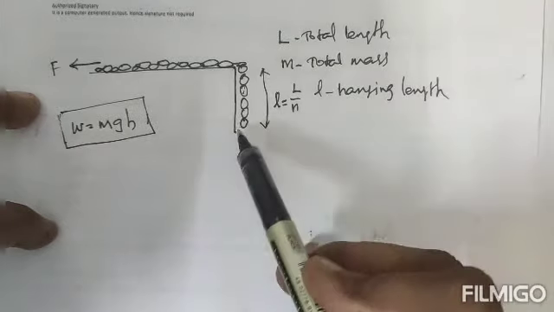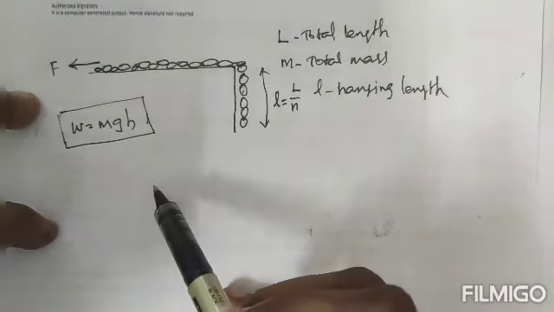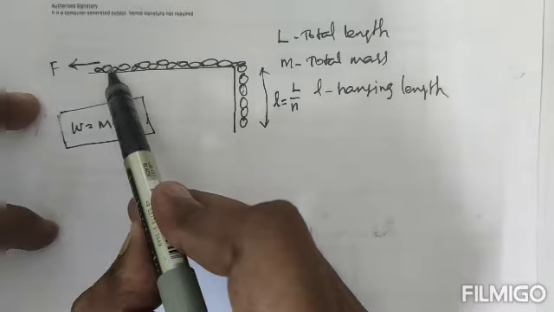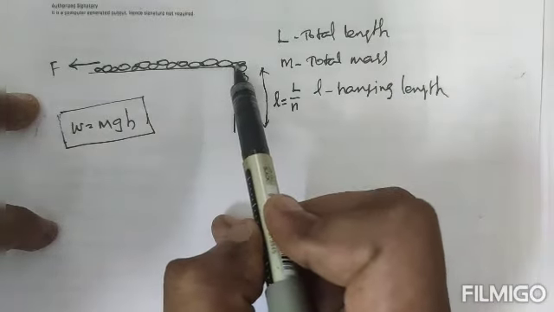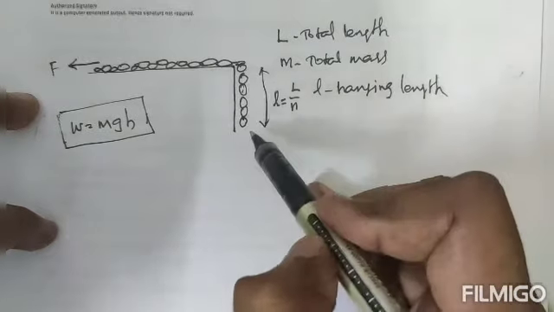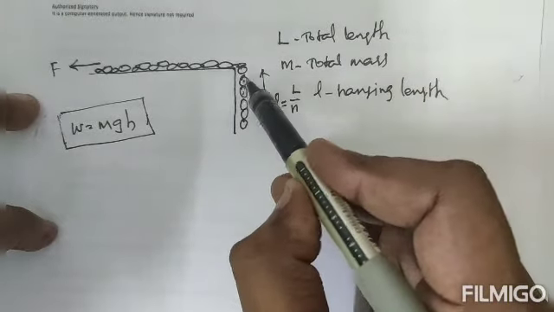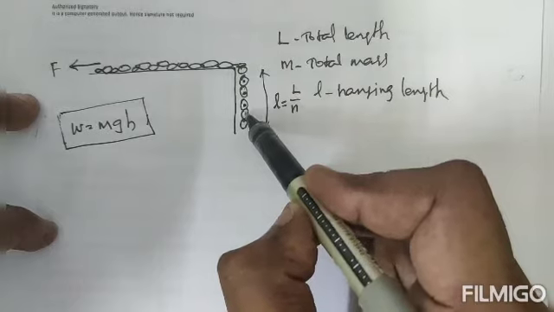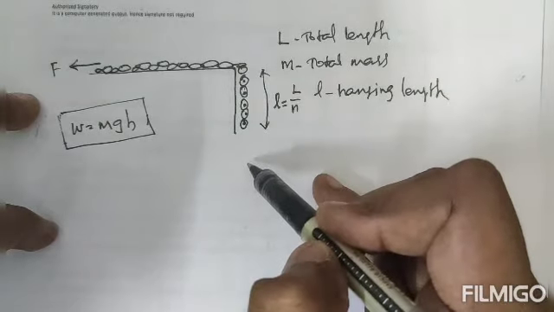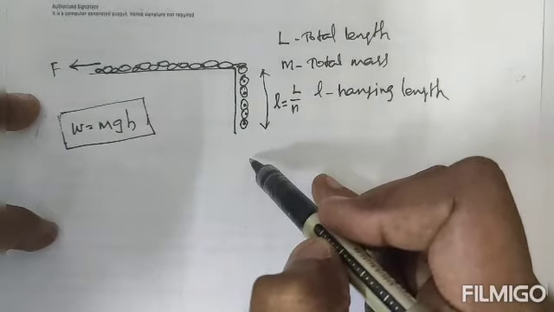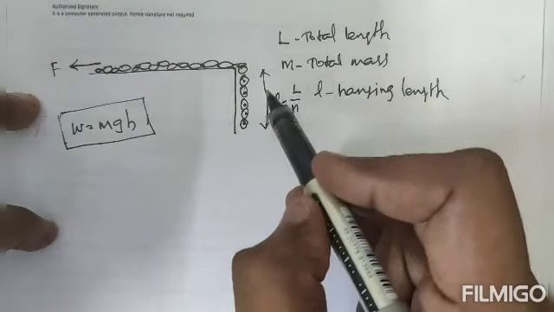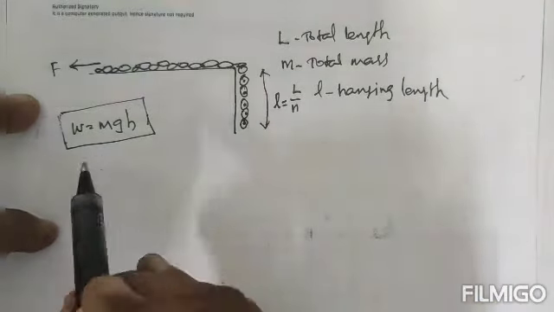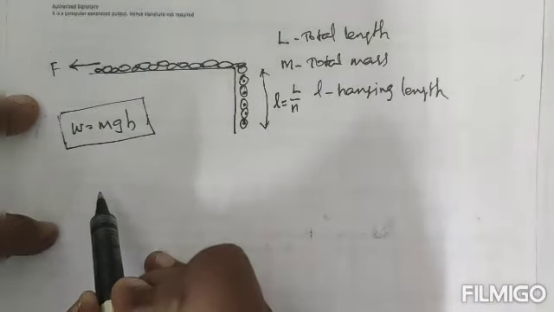You know, the entire mass is m. Let's see, on the table the mass is distributed equally. Here also it is like that, but here depending upon the height, the mass distribution is different. So let's find the mass per unit length.